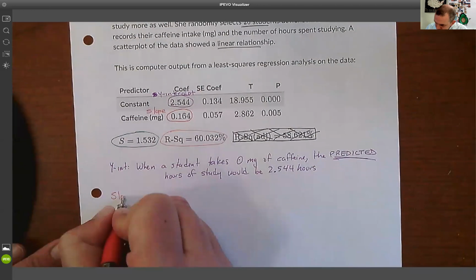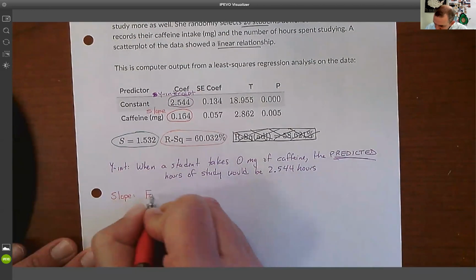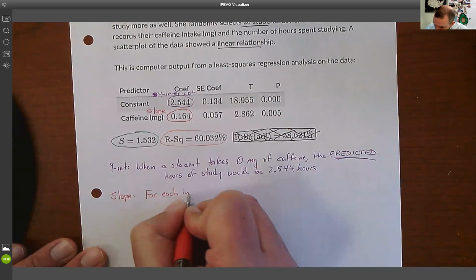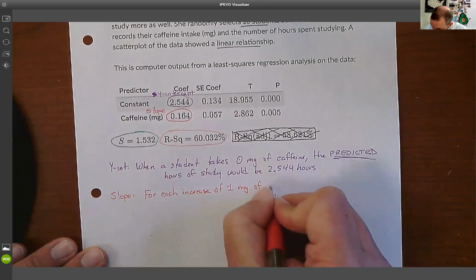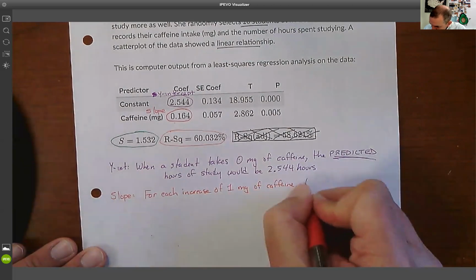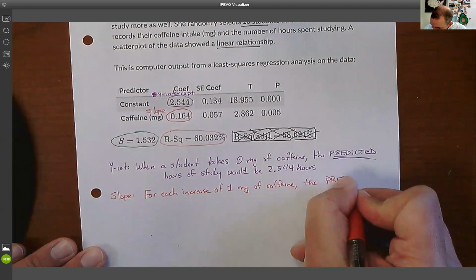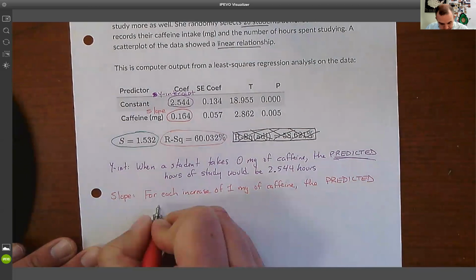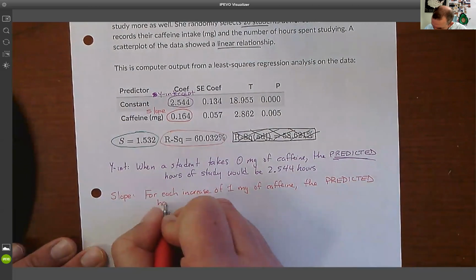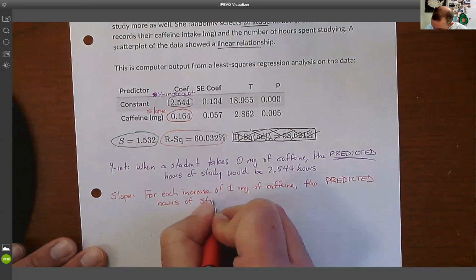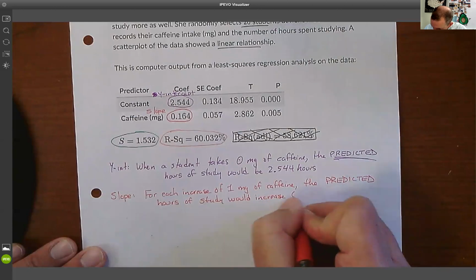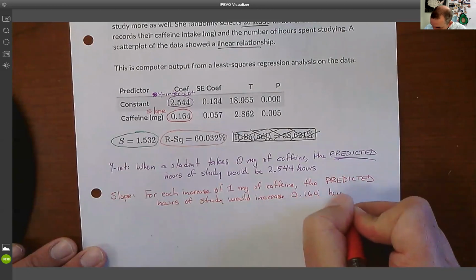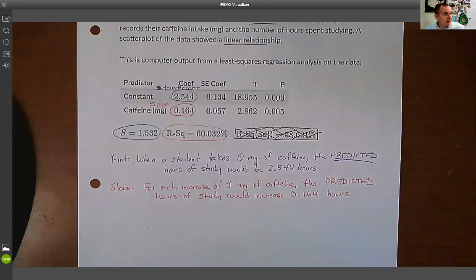And our interpretation of the slope says for each increase of 1 milligram of caffeine, the predicted hours of study would increase 0.164 hours. So for every milligram of caffeine, we would predict an increase of about 0.164 hours of study. So that was our slope.